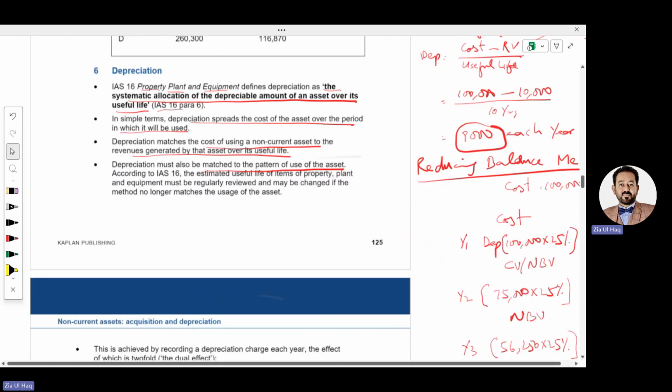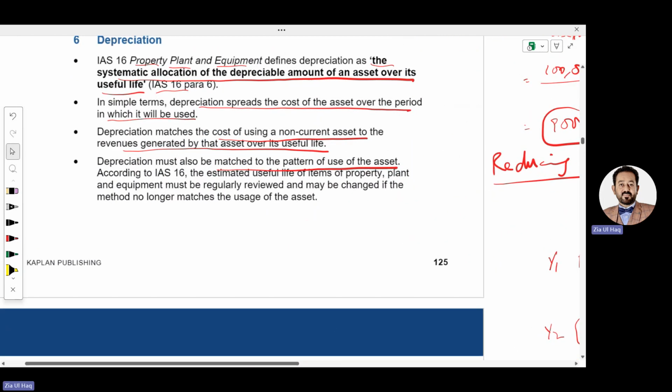Now we can understand this last point. Depreciation must also be matched to the pattern of use of an asset, meaning how much benefit they are providing each year. Same, straight line; different, then reducing. According to IAS 16, the estimated useful life of an item of property, plant and equipment, meaning non-current assets, must be regularly reviewed and may be changed if the method no longer matches the usage of the asset.